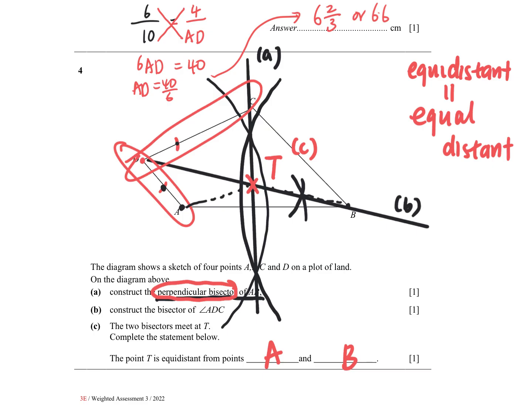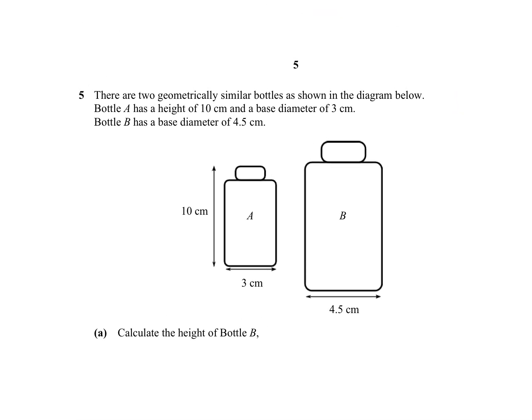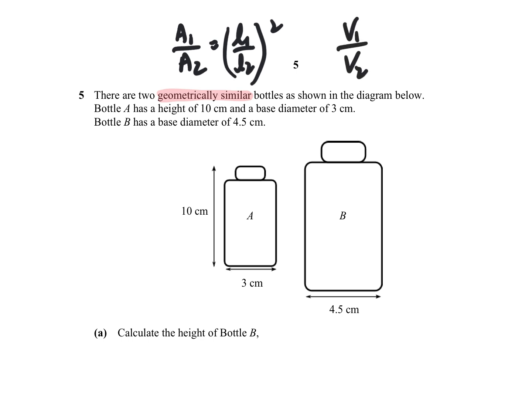Okay, this one. Again, you will see this. Geometrically similar. So when you see this, it's either using A1, A2, L1, L2 squared, or V1, V2, L1, L2 cubed. Either or. So first thing they tell you the base and the height for both.